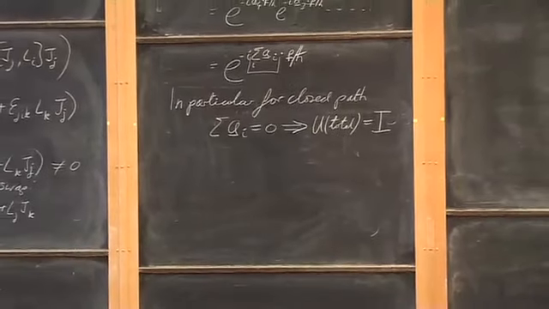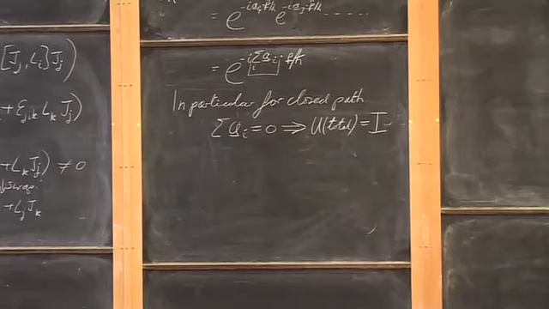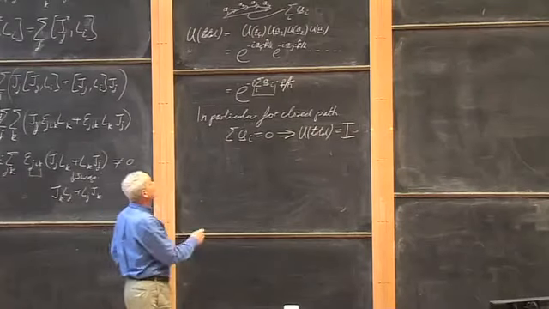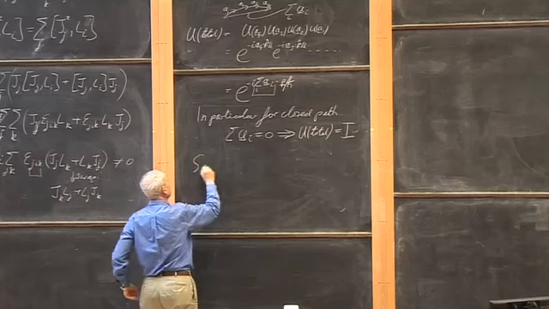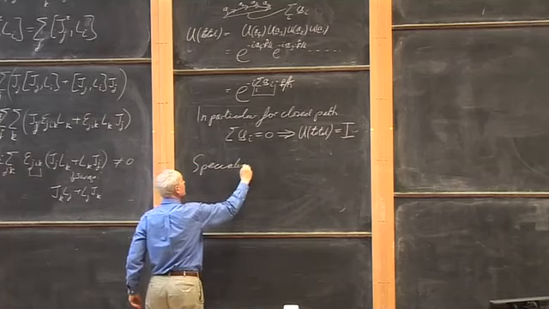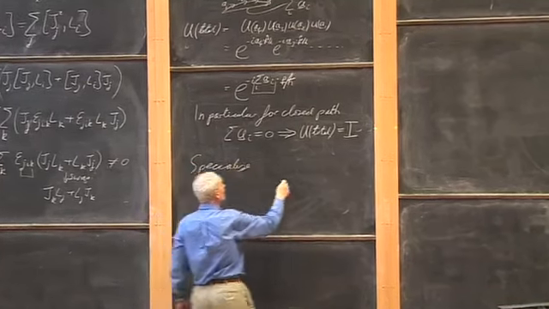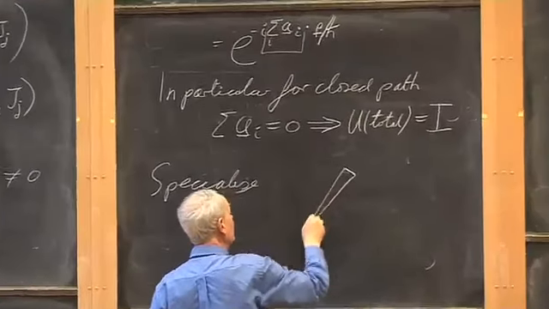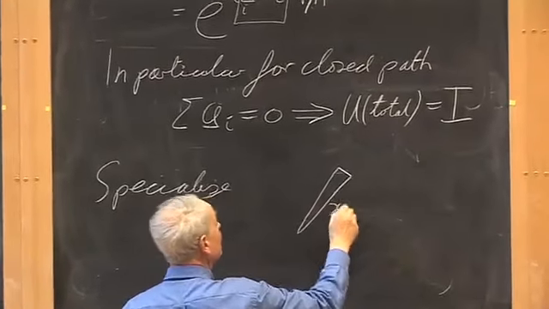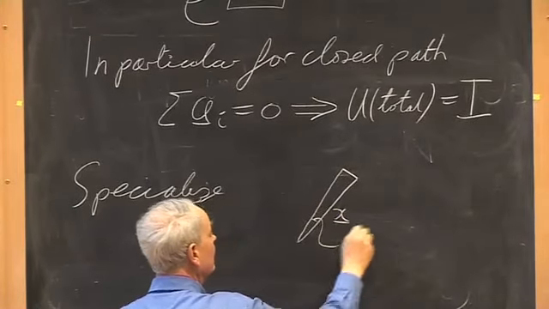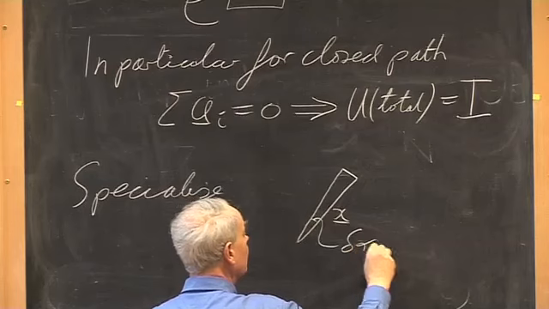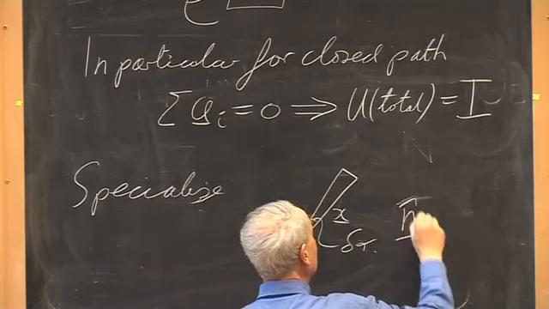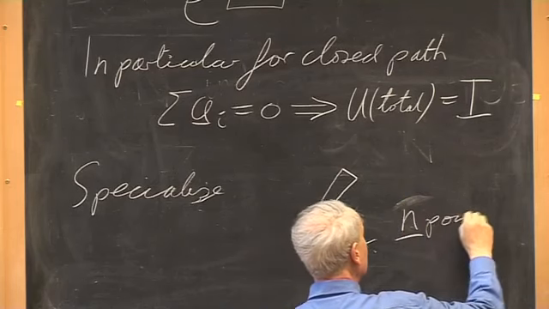So now let's specialize in our paths. Let our path be made up of a series of rotations, so let this be x. Let this angle in here be delta alpha. Let n be the unit vector pointing out of the board.